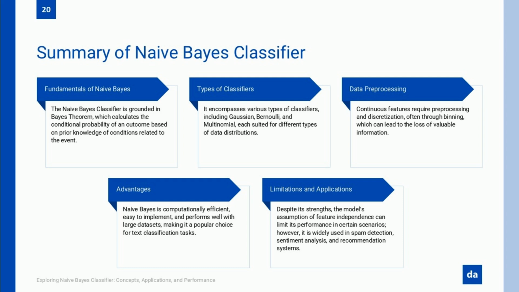We've seen how it powers spam detection, sentiment analysis, recommendation systems, medical diagnosis, and beyond. Its versatility, speed, and simplicity make it a valuable tool for data scientists, engineers, and businesses looking for quick and effective classification solutions.